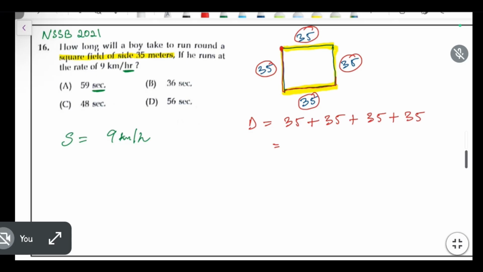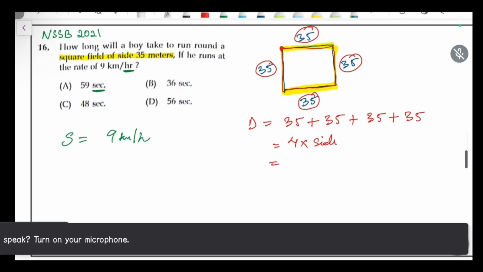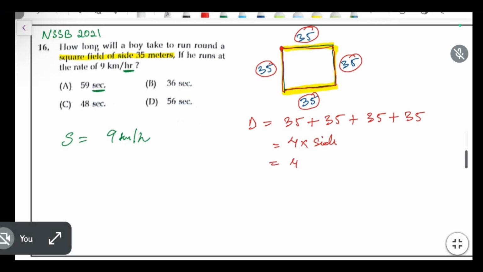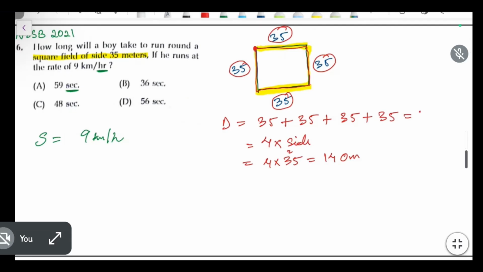Perimeter of a square formula is 4 into side. You can use this directly also, which is equal to 4 into side, here 35. So you can sum this one also, so you'll get the same thing. 4 5s are 20, 0 20, 4 3s are 12, 13, 14, 140 meter. So you can sum this one, you'll still get 140 meter.